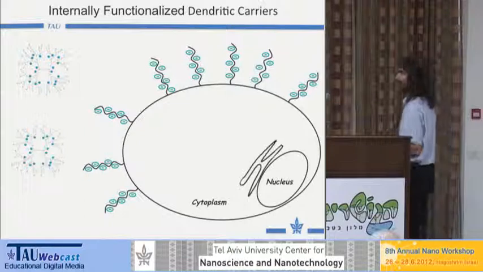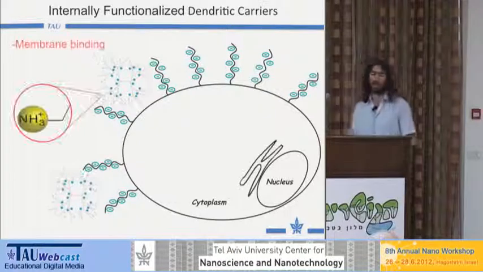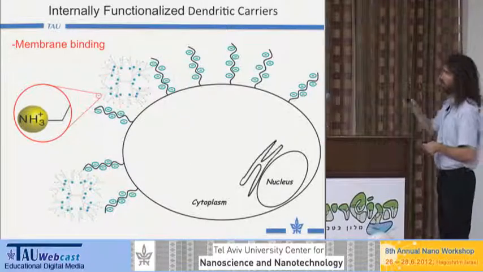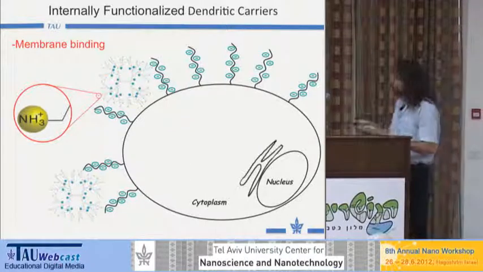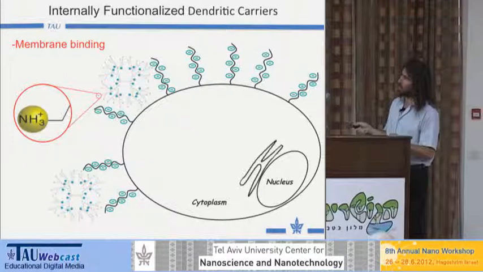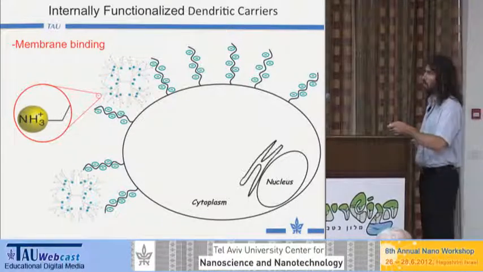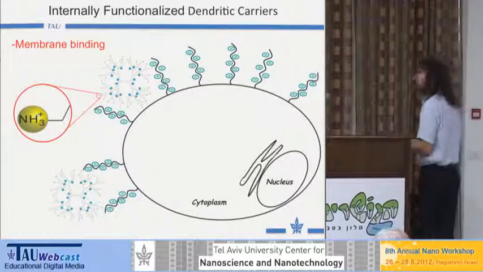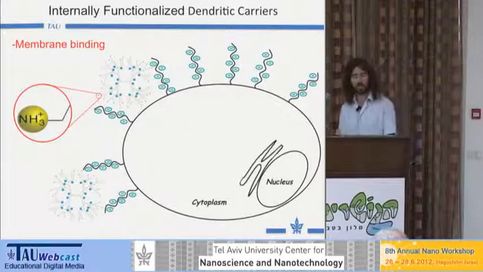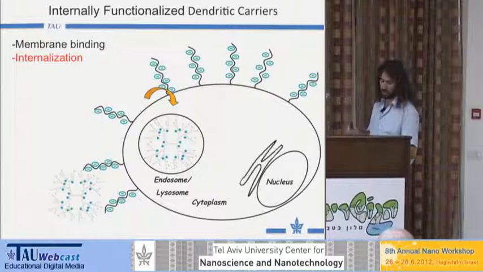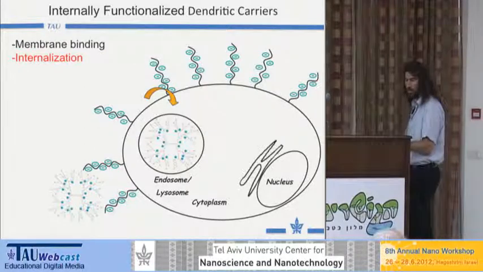So the easiest way to do it is to exploit the slightly negative charges on the surface of the cell, and usually by using a cationic surface on your dendrimer or dendritic carrier, you get electrostatic interaction that allows the dendrimer to bind the cell membrane. Then the dendrimers need to go into the cells through some kind of endocytosis, and all these steps are as important in the process of designing or achieving delivery.